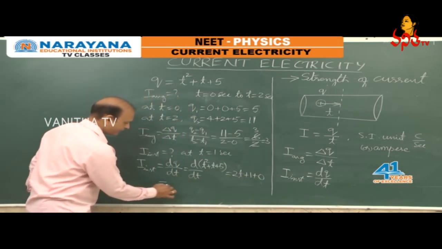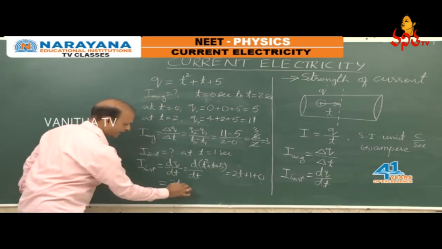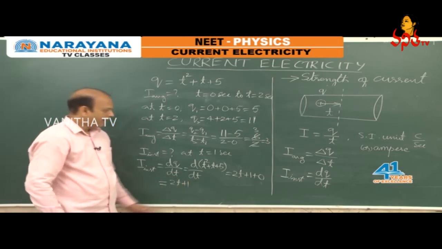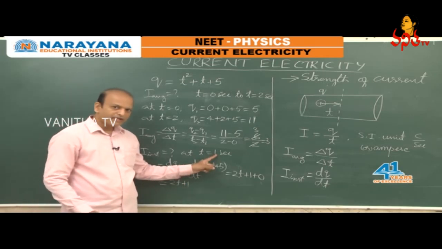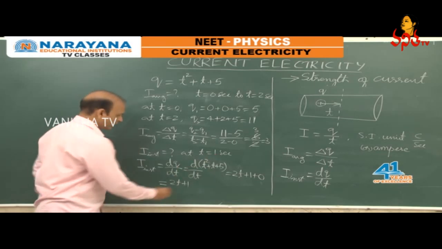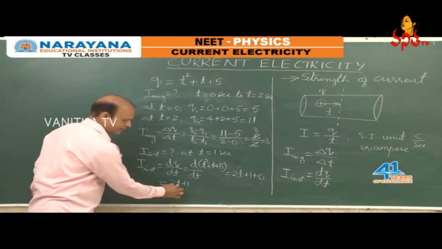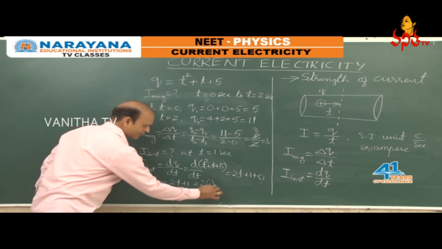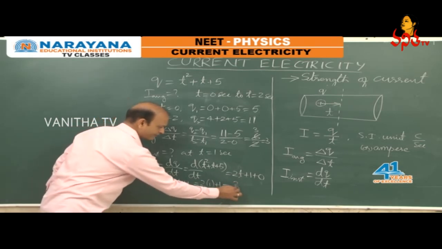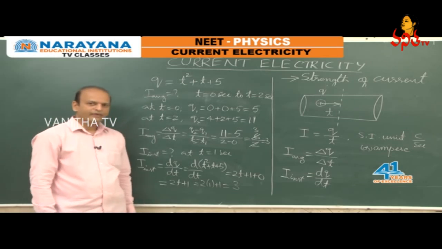So we have 2t plus 1. The question is at the moment of 1 second, so we substitute t equal to 1: 2 into 1 plus 1, which becomes 3 ampere.